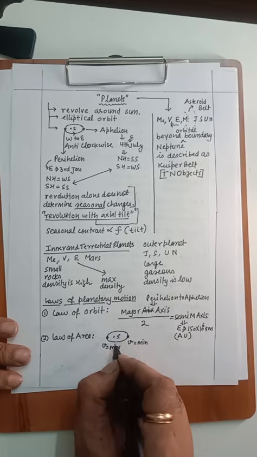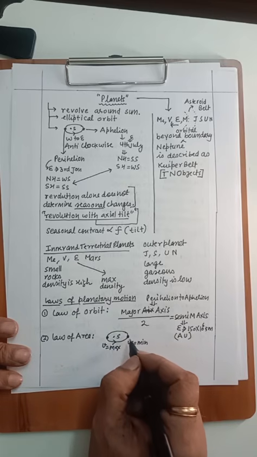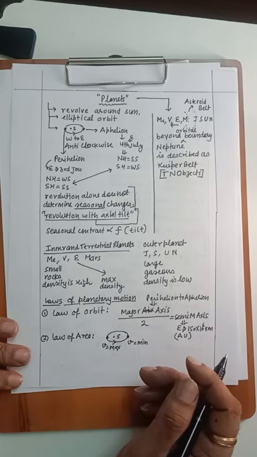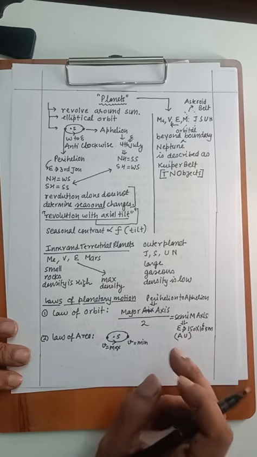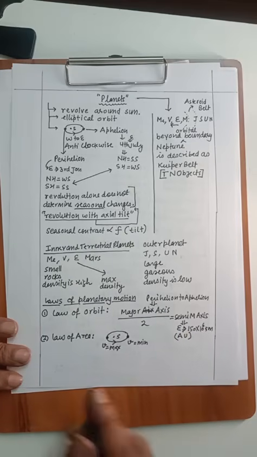So while a planet is moving from perihelion to aphelion, it is decelerating, and while it is moving from aphelion to perihelion, it is accelerating, and it makes the solar system a gravitationally bounded system with the Sun.